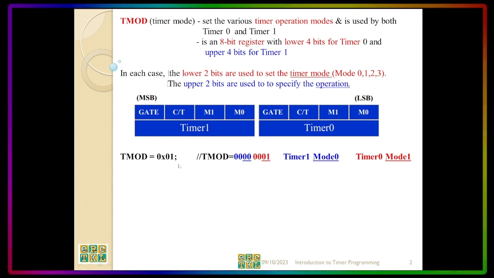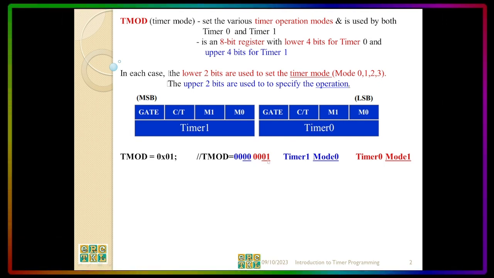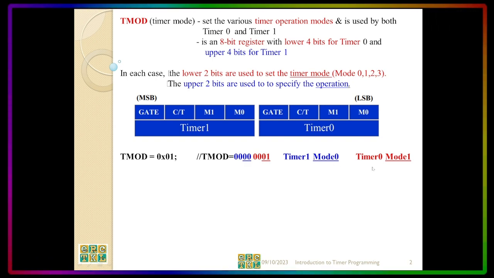This is a C language command to set the mode to mode 0 of timer 1 and mode 1 of timer 0. So TMOD = 0x01; means that we want to use timer 1 in mode 0 or timer 0 in mode 1.